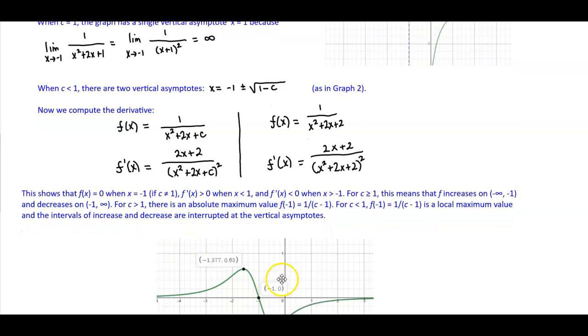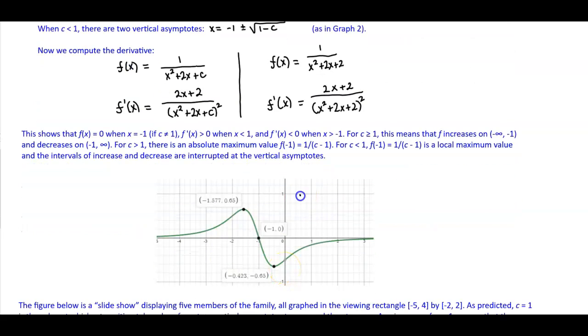Okay, so I want you to look at the graph here, because this graph represents the derivative of 2x plus 2 over x squared plus 2x plus 2 squared. But in general, we're going to look at this derivative here.